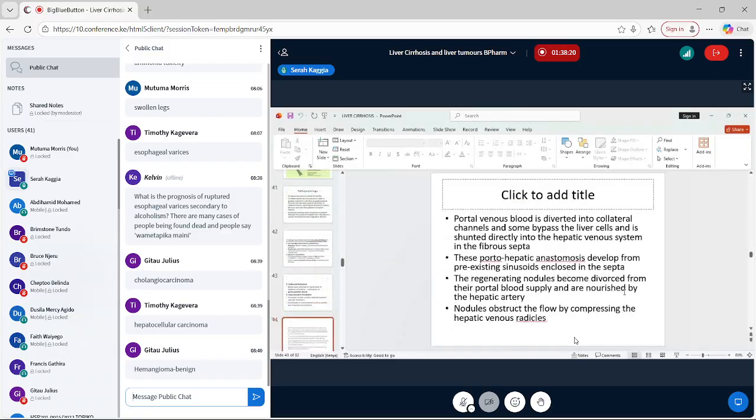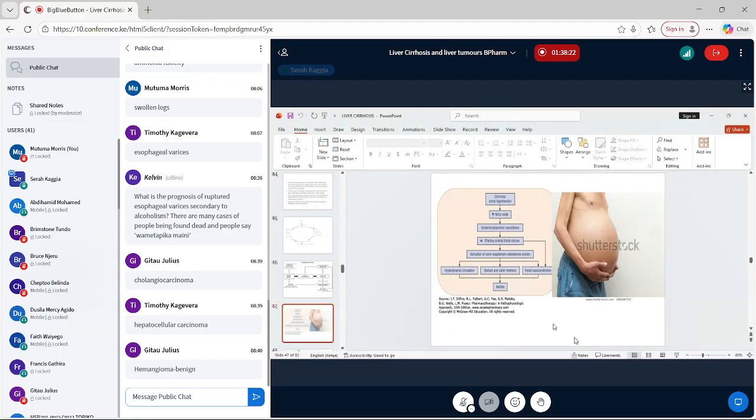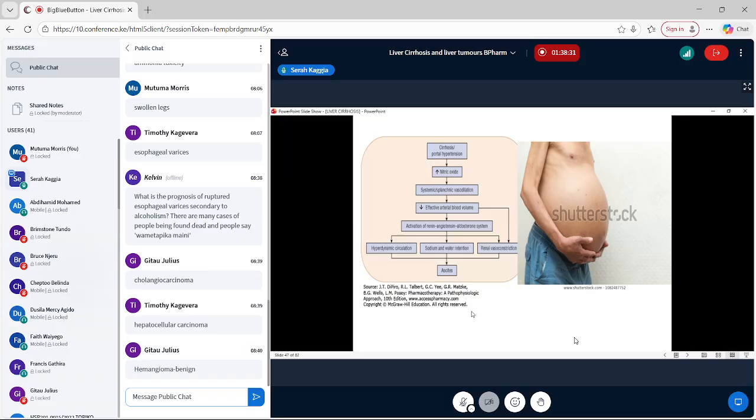Where is portal hypertension? Okay, this is just like a summary. There's the one I've told you about, low albumin causing the ascites. This is the ascites, the swollen abdomen.